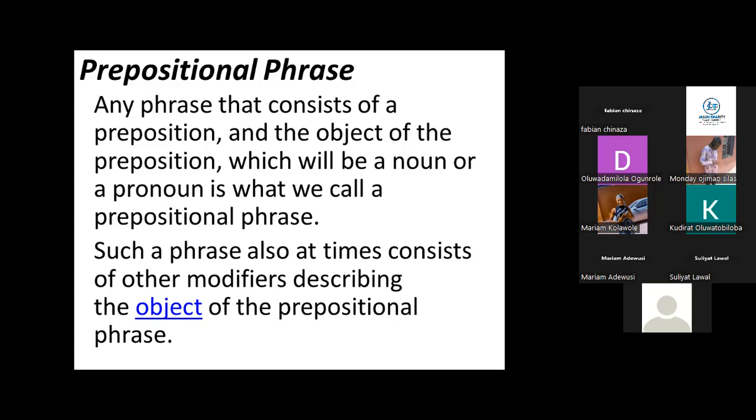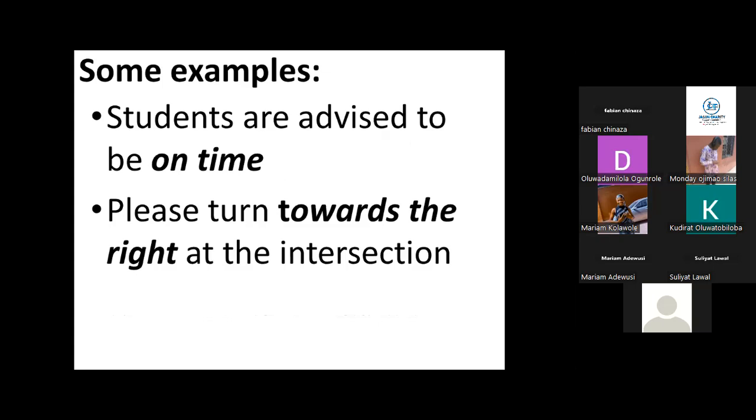Now, there are some things we need to note about the prepositional phrase. These are some of the examples. You see the first one, students are advised to be on time. On is a preposition, time is a noun. But because we need a noun to act as the object of that preposition so that we can use both together, that is why we have on time highlighted.